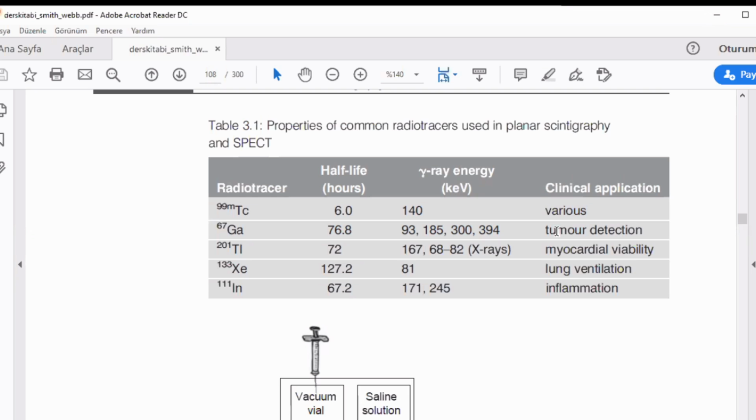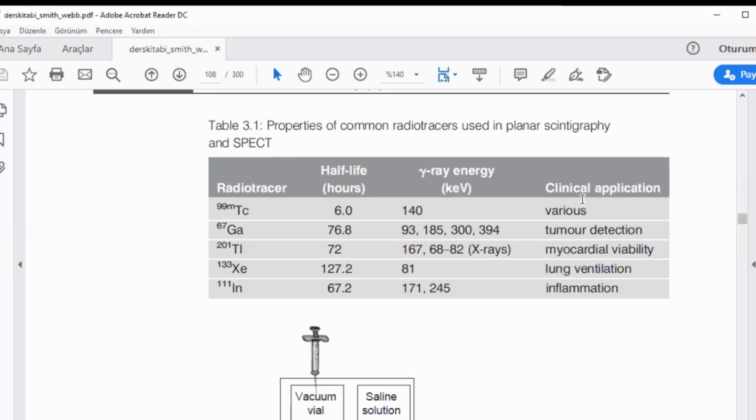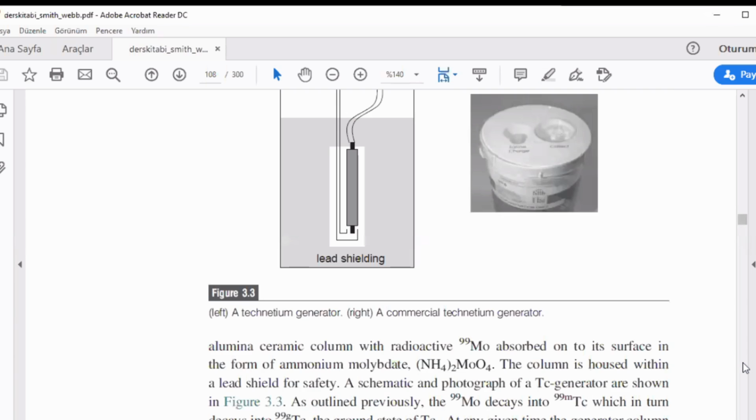Clinical applications include tumor detection, myocardial or heart viability, lung ventilation, inflammation, etc., as their potential usages. You see, their half-lives in hours are also listed. The shortest one is technetium. So this is a generator administering thing.